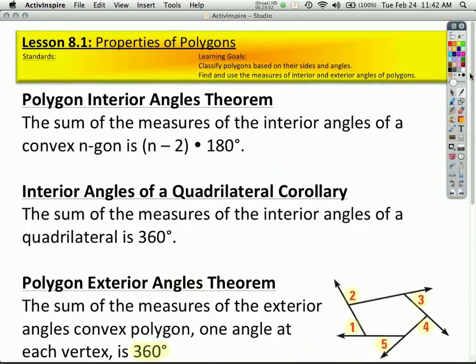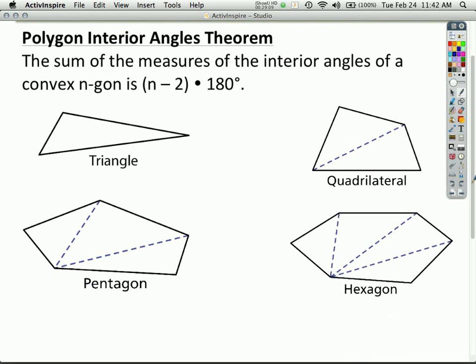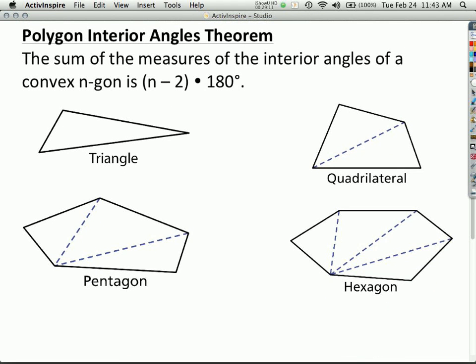I want to explore this one, polygon interior angles, a little bit. So we're going to take a moment with this. So here's what your job is. All I did was put up the theorem again, so that's not anything different. But now I've given you 4 pictures.